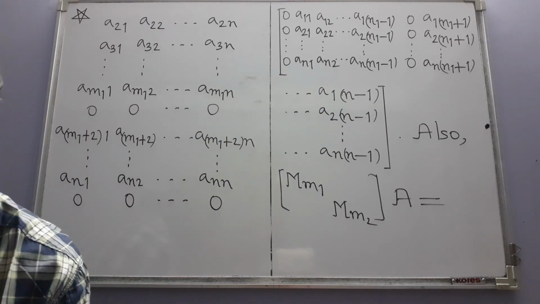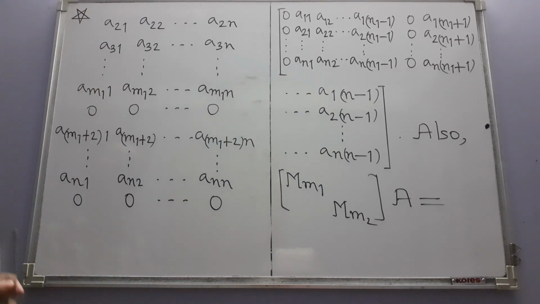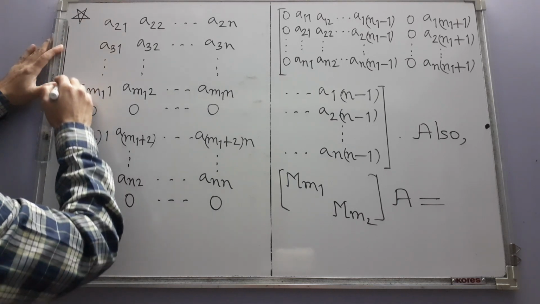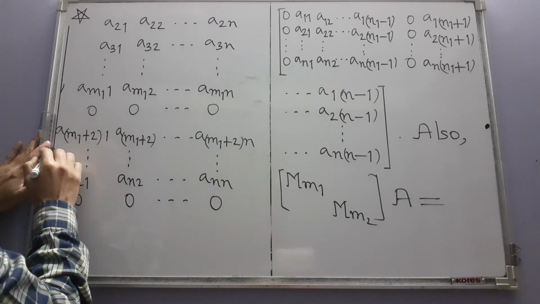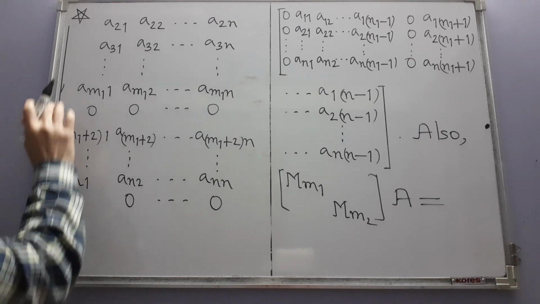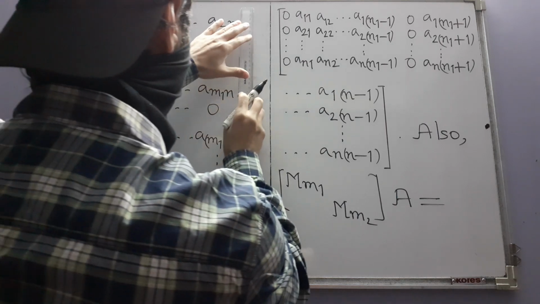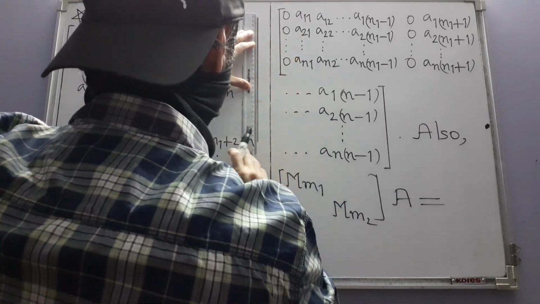And according to our supposition, these two products are equal, these two matrices are equal. Now, what can we infer from this equality? That's what matters.